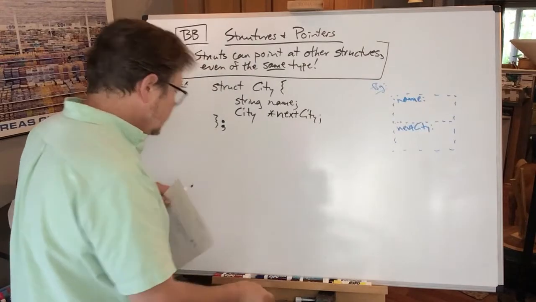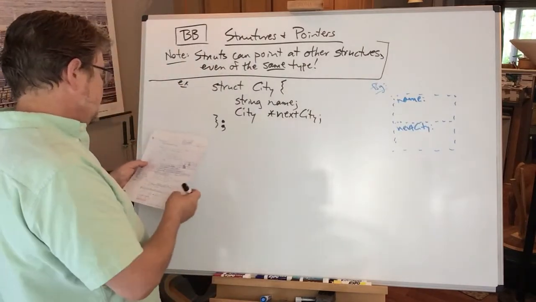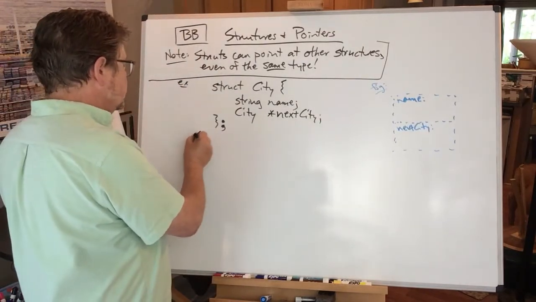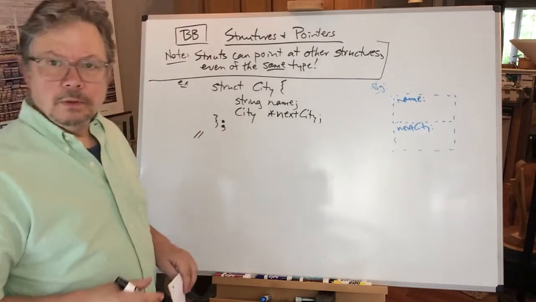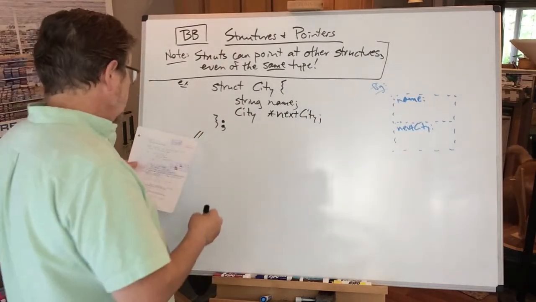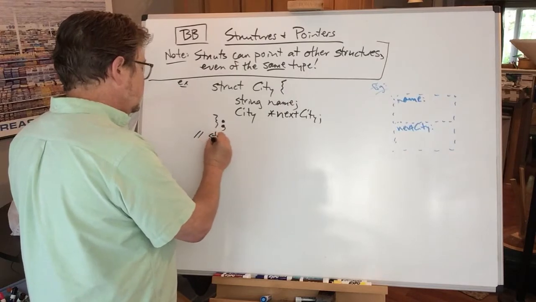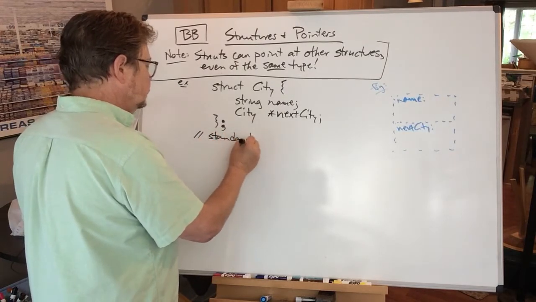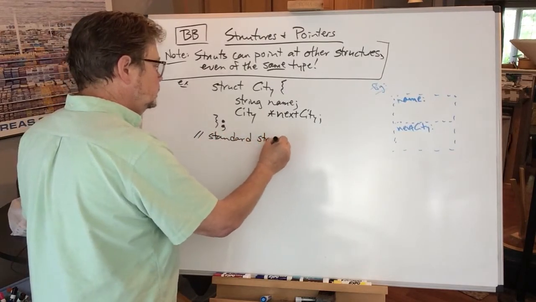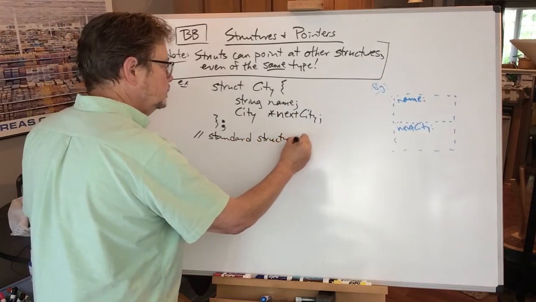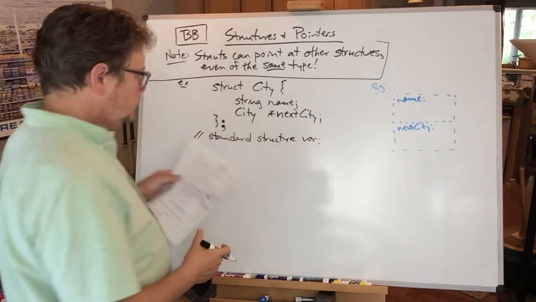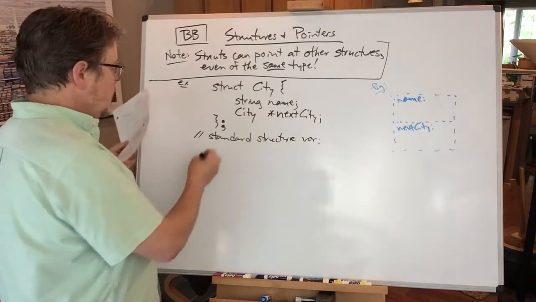Now, moving right along. Now that I have the structure, I'm going to set up just a plain old standard structure that we know and love, that we've dealt with for dogs and cats and all that other stuff. And I'll even call it a standard structure variable. What might that look like in my main program?